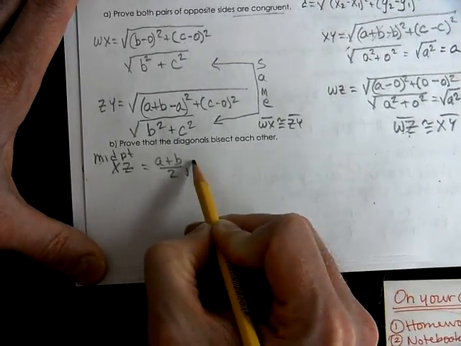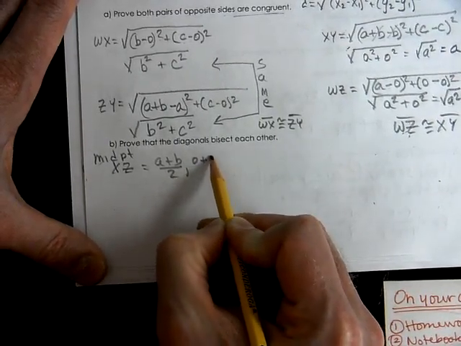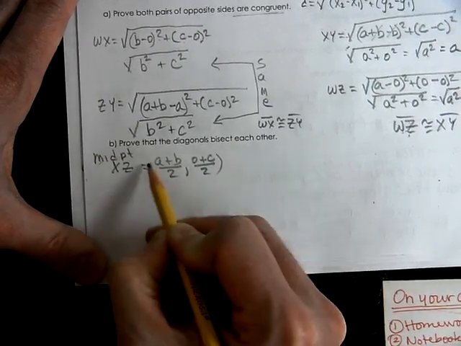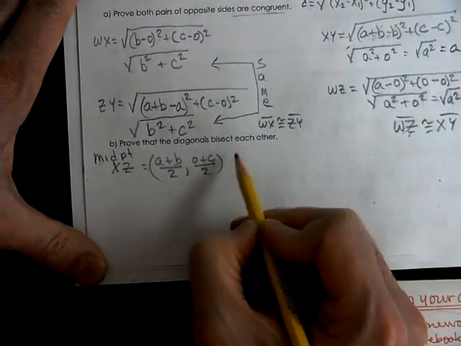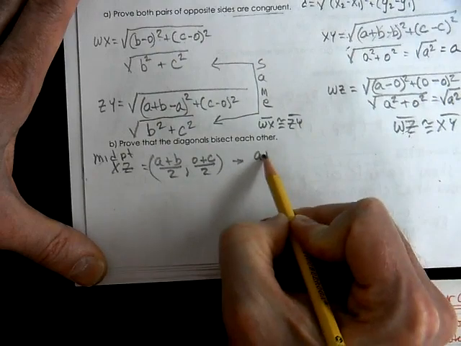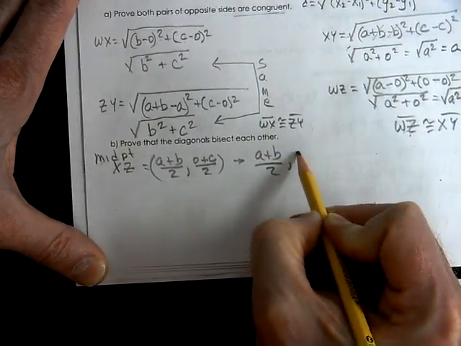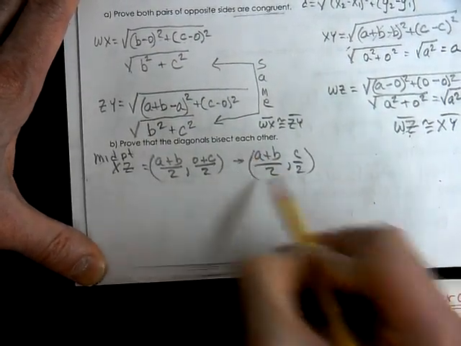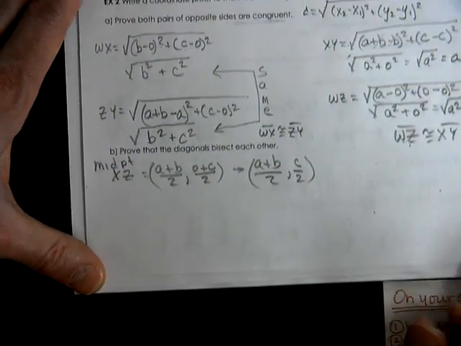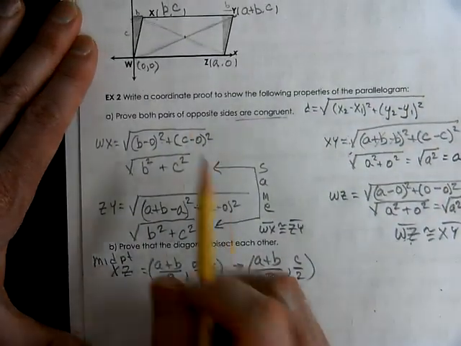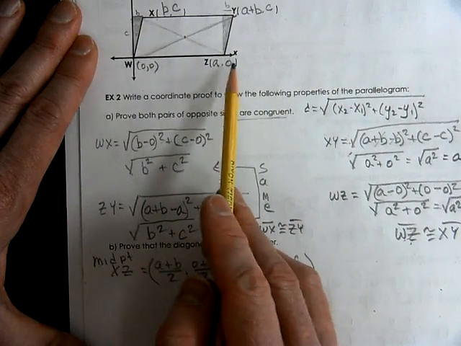We add the y's together and divide by 2. That's going to give us (a plus b) over 2, comma, c over 2. That's the midpoint of XZ.